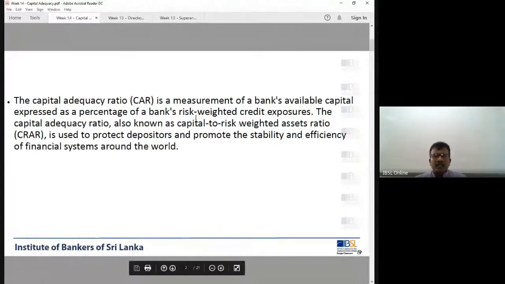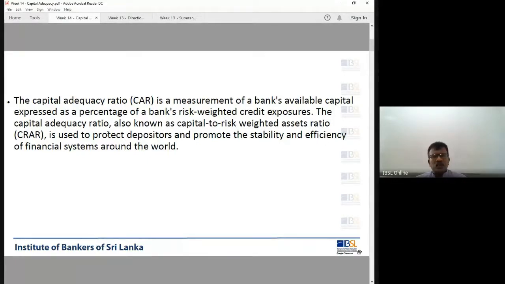That's why we are considering risk-weighted credit exposure. The capital adequacy ratio, also known as capital to risk-weighted assets. Now you know that we talk about loans as the asset, and that loans have different risk weightages. Therefore, we can risk weight the assets.